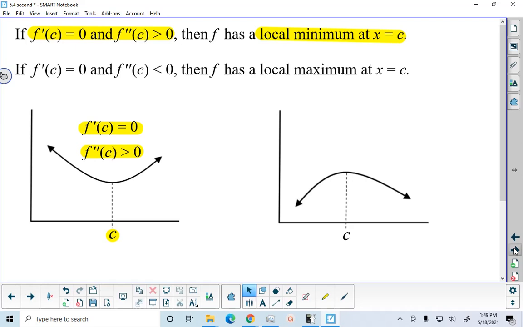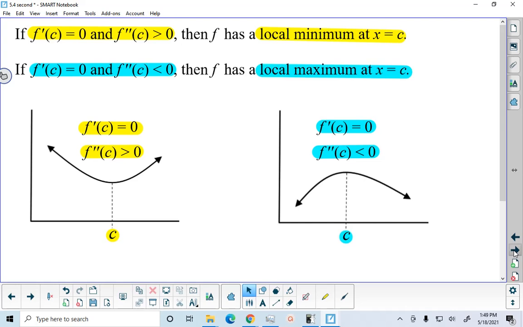If you take a look at the point where c exists on this function on the right, the first derivative is 0 because the slope of the tangent at that point would be 0, and the second derivative is negative because it's concave down. So that's a local maximum. And that's what the second derivative test involves.